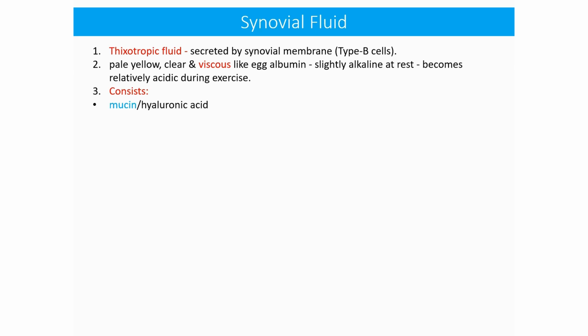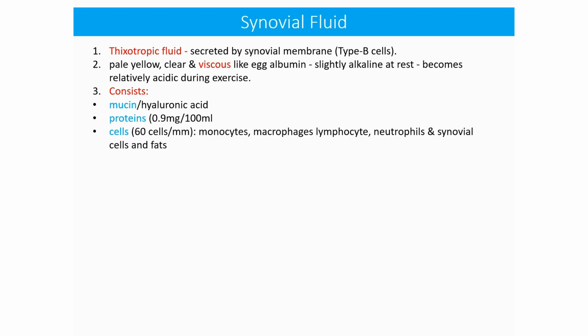It consists of mucin, that is hyaluronic acid, proteins roughly less than 1 milligram per 100 ml, and cells roughly 60 cells per cubic millimeter. The cells comprise monocytes, macrophages, lymphocytes, neutrophils, and synovial cells and fats.